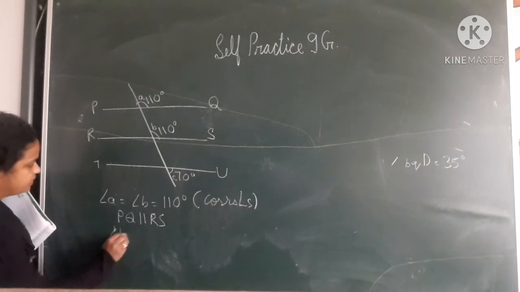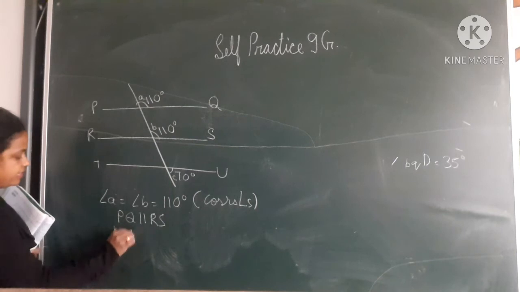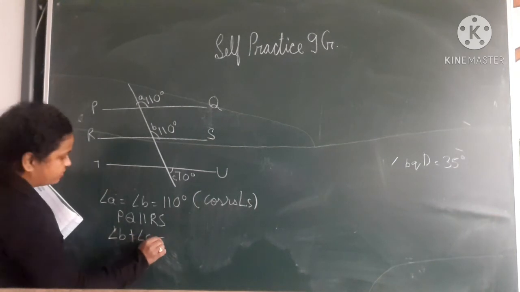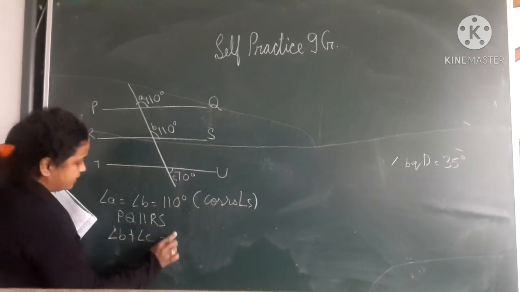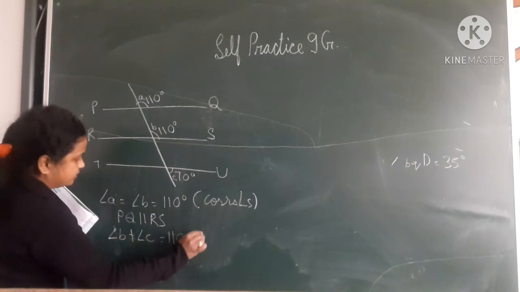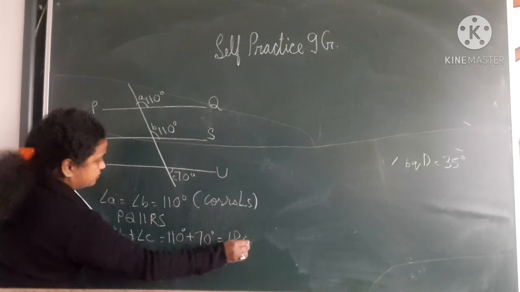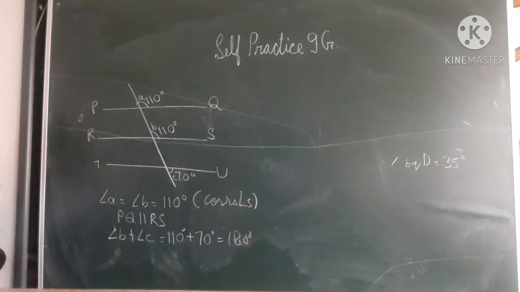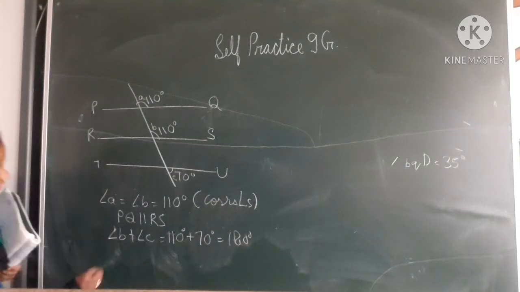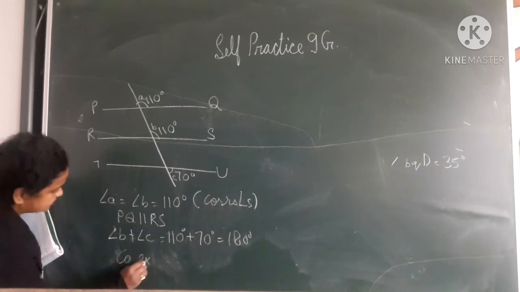Angle B plus angle C is equal to 110 plus 70 degree, which is equal to 180 degree. Okay, 110 plus 70 degree is equal to 180 degree due to co-exterior angles.